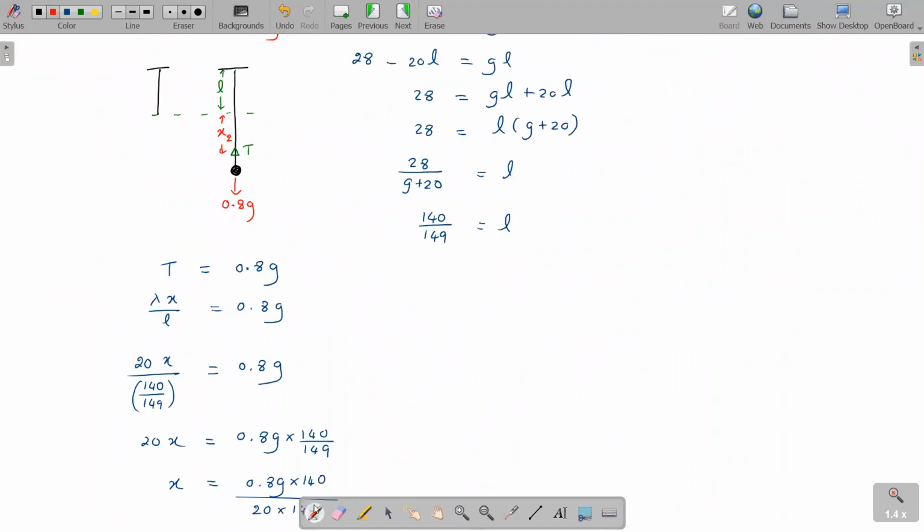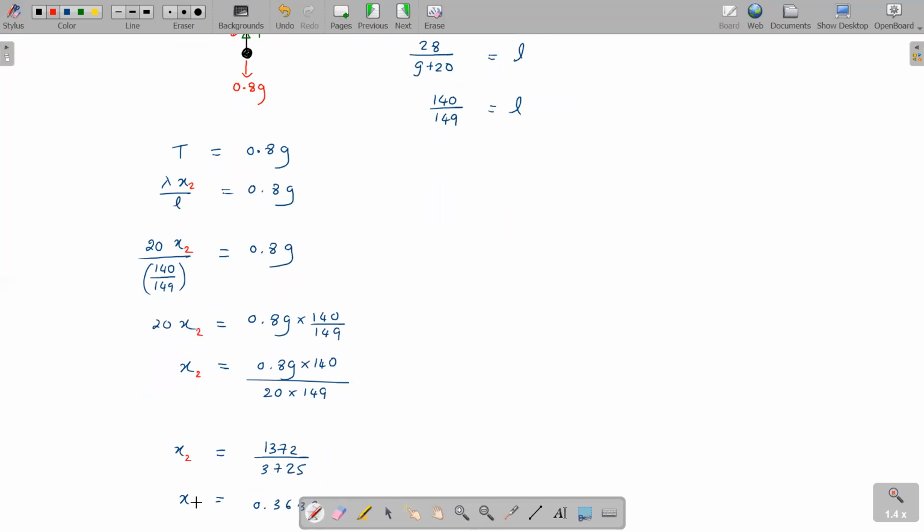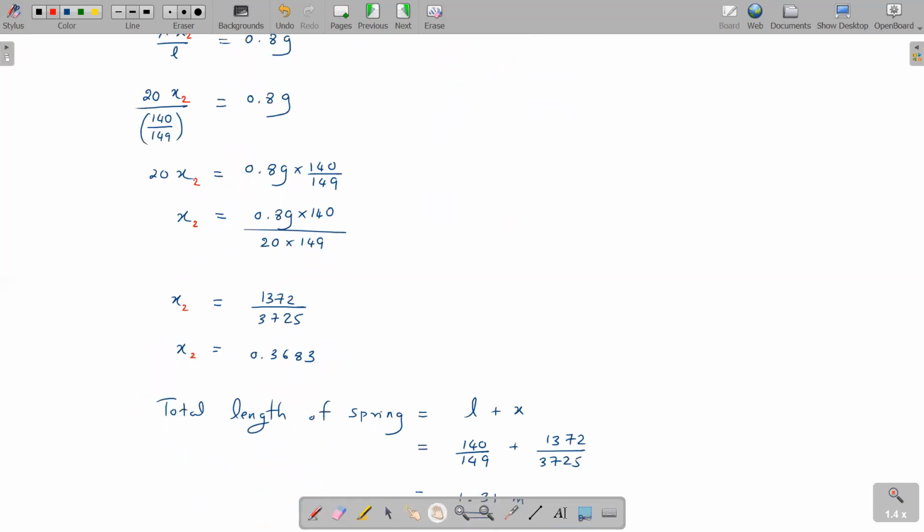Definitely no. So here the extension should clearly be different. So x2. Natural length plus x2: the natural length doesn't change. Regardless of whether we change the weight, it doesn't mean the natural length changes. So only the extension changes with respect to the weight. Okay.